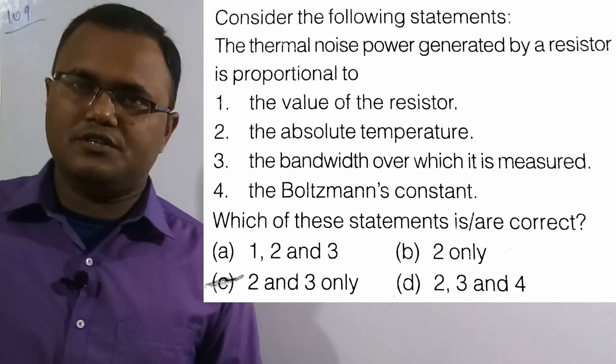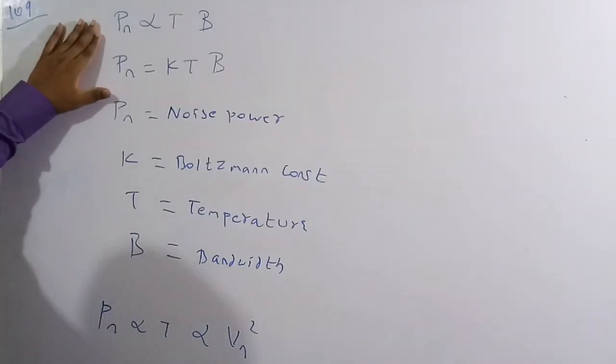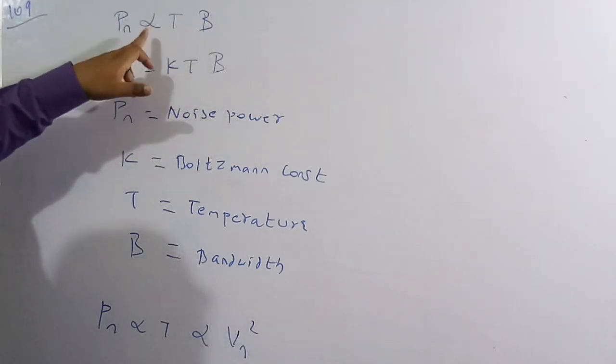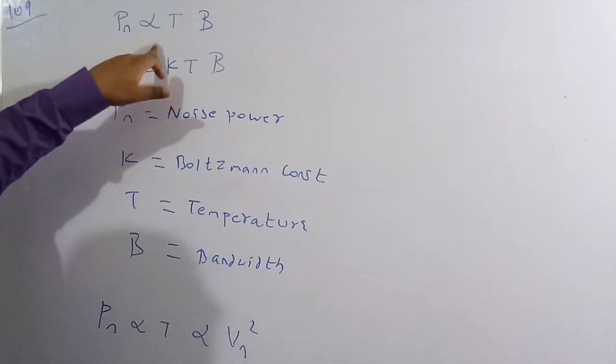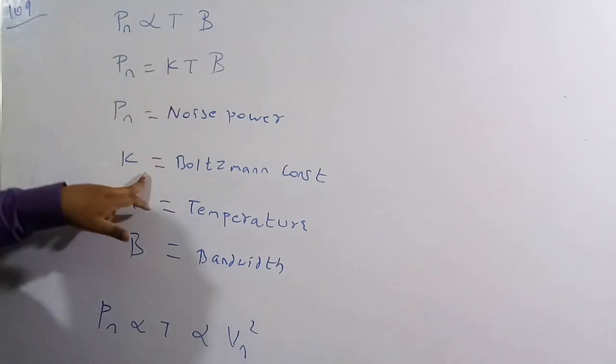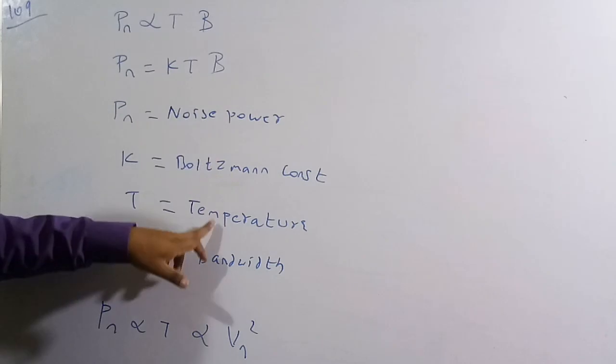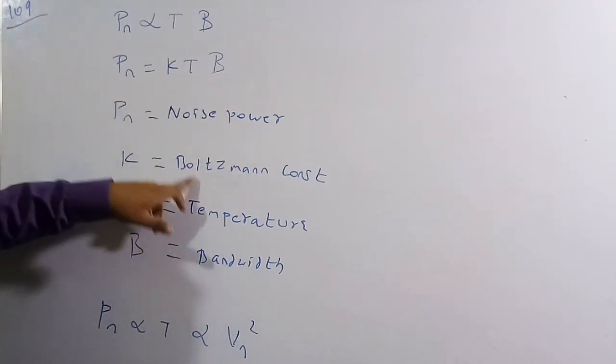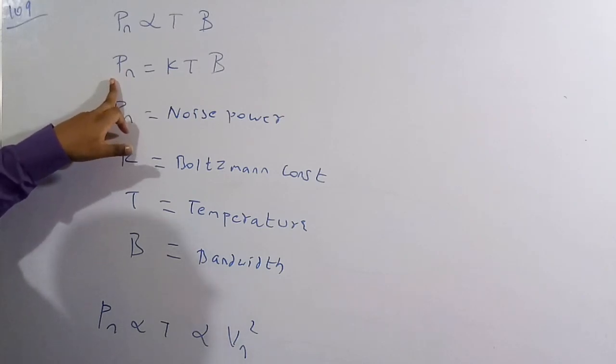So let's solve this question. I have already told you about the noise power. The noise power is directly proportional to temperature and bandwidth. To remove the proportionality, you keep a constant K, which is the Boltzmann constant, T is the temperature in Kelvin, and B is the bandwidth, and Pn is the noise power produced by the resistor.